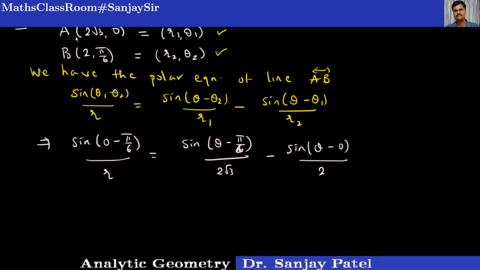If you simplify this, you will get the required polar equation of the line passing through the two given points. But we are also asked to do something more.